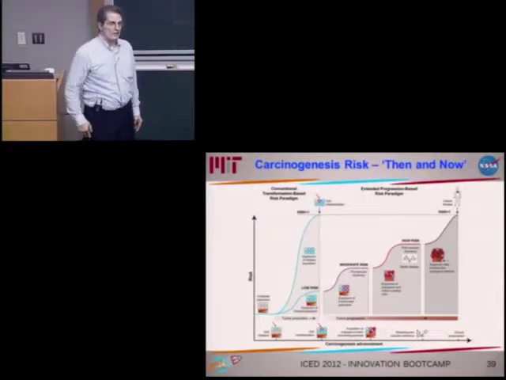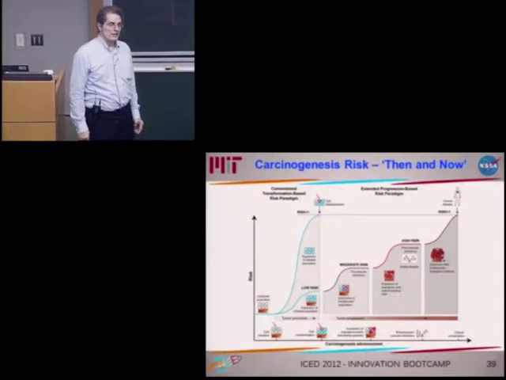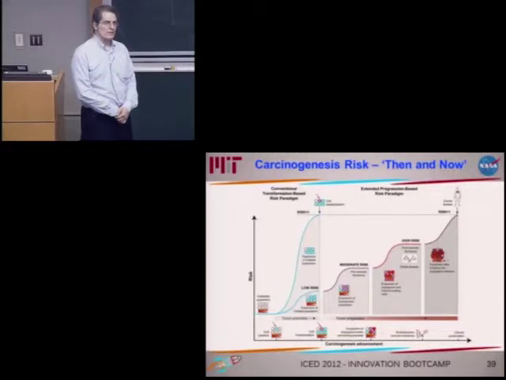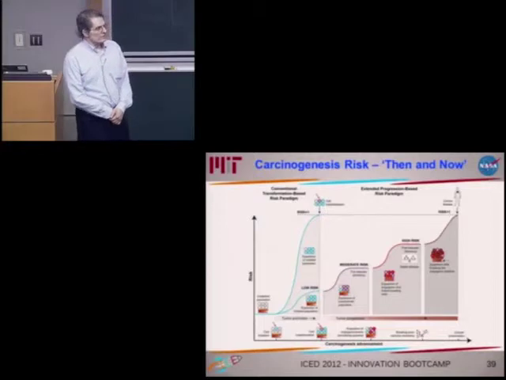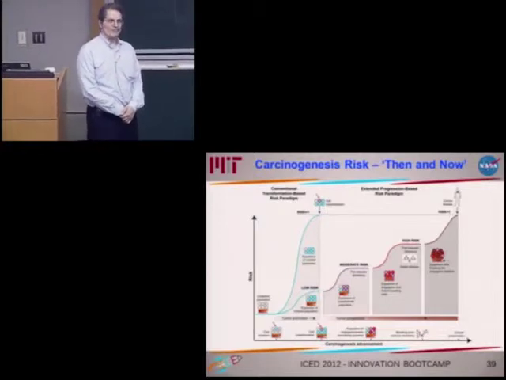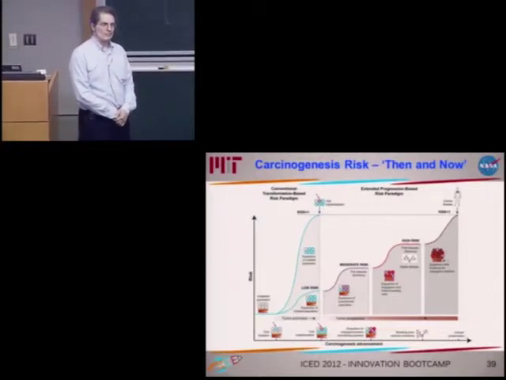Just out of curiosity, are infants more able to repair DNA damage than adults, or are adults more able to repair DNA damage than infants? Did you study that in animal models? I don't know.